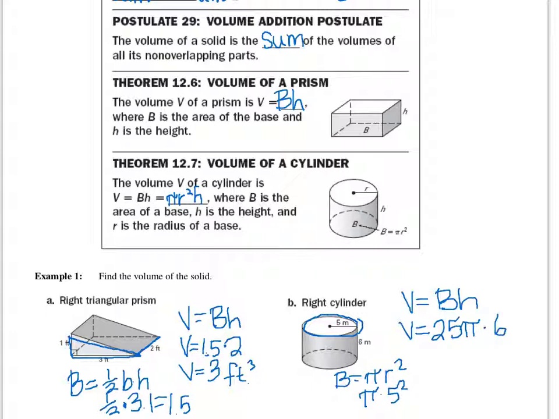So if I just do 25 times 6, that would give me an exact value of 150 pi, and my unit would be cubic meters. Or if you wanted to round that, which we can do as well, it would be 471.24 cubic meters. All right, let's look at the next page.